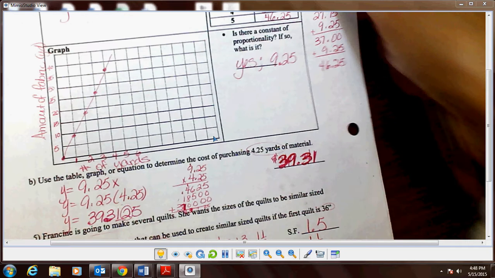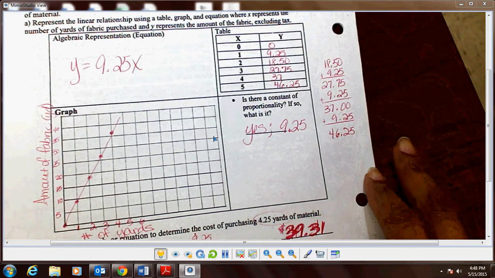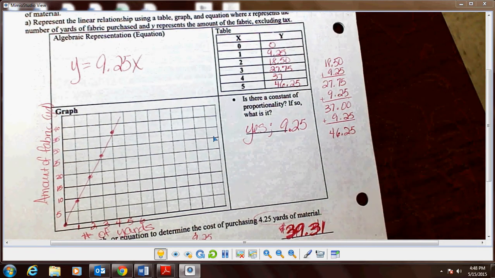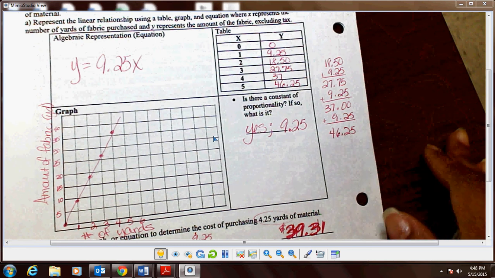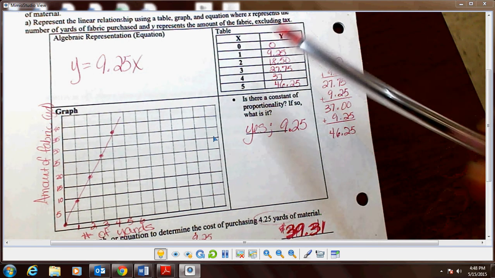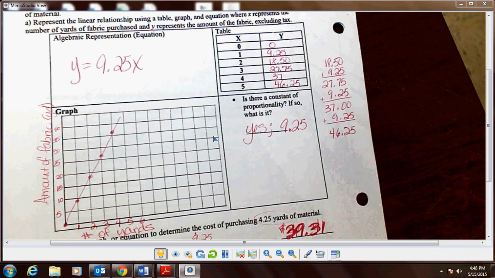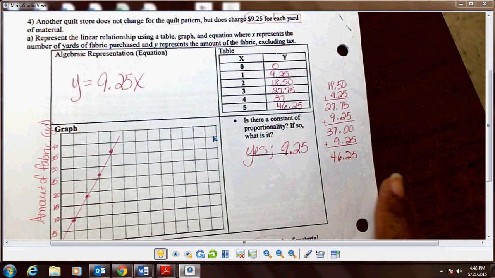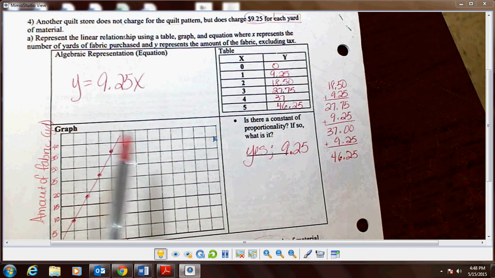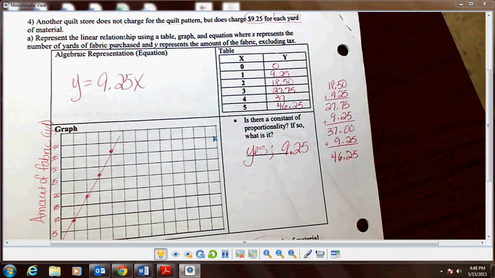Okay, the back page, problem number 4. It's pretty similar to number 2. Practically the same thing. All it tells you is that you're just paying for each yard. There is no additional fee that you have to pay. So therefore, it's a proportional relationship. So it's just y equals 9.25x.